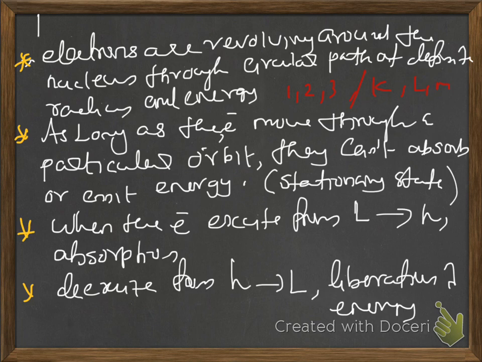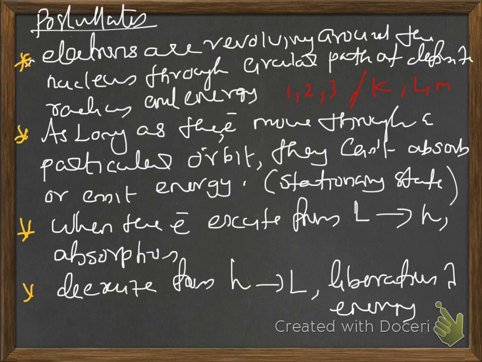What are the postulates of the Bohr model? See them one by one. Electrons are revolving around the nucleus through circular paths. Up to this point, the postulate is from Rutherford.